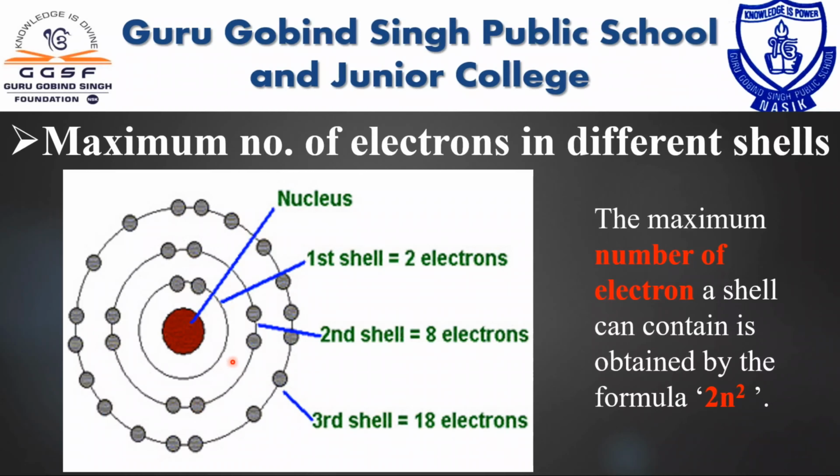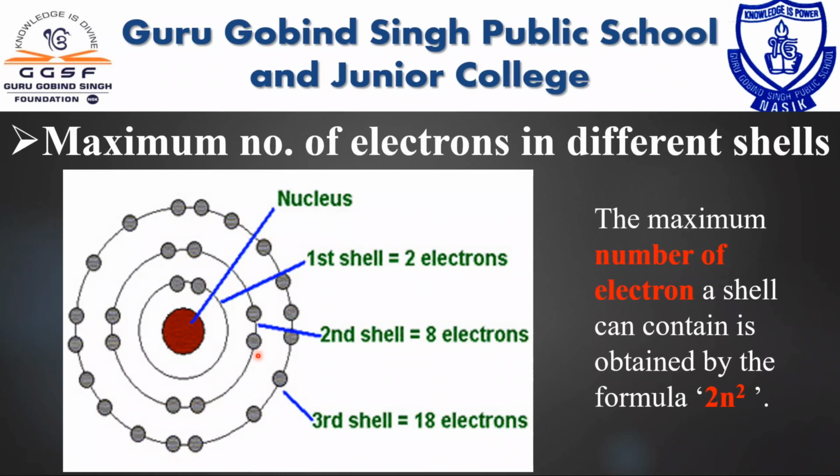As the magnitude of n increases, the energy of an electron in that shell increases. Let's find out the maximum number of electrons in the K shell using the formula. Here, for the K shell, n is equal to 1. By putting the value of n in the formula, we get the number of electrons as 2.